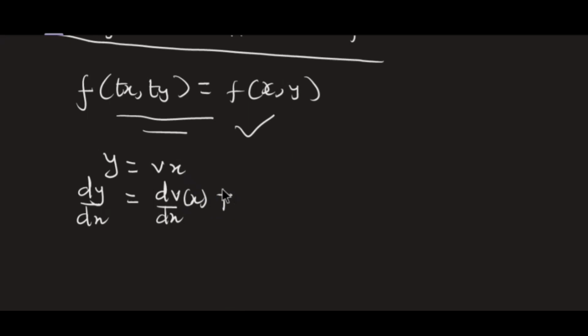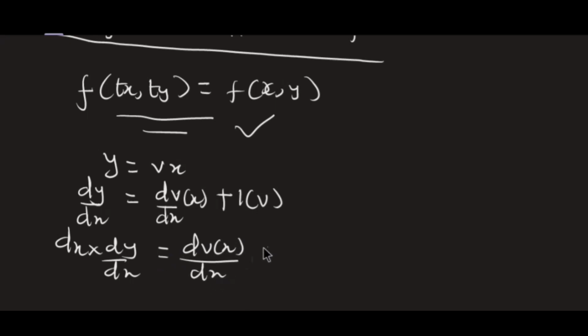Now this will be differentiated, which will be what? 1 multiplying v. Once I get this, I'll multiply through by dx, so dx by dy over dx is equal to v multiplying dx plus x dv.